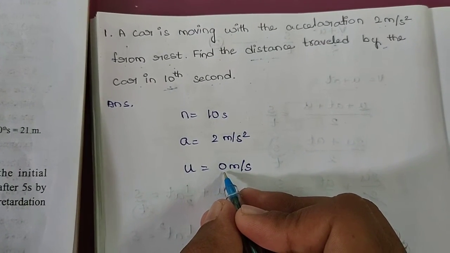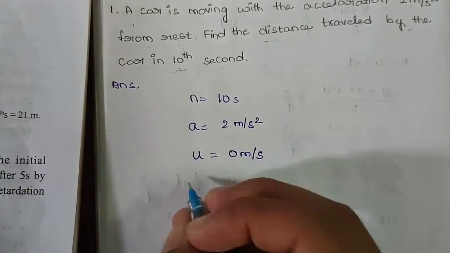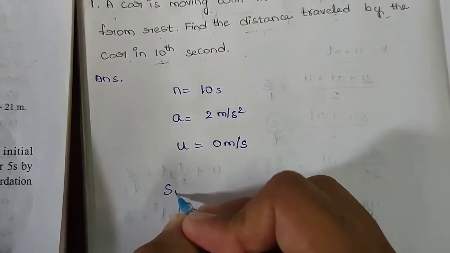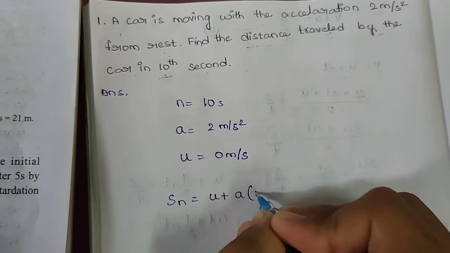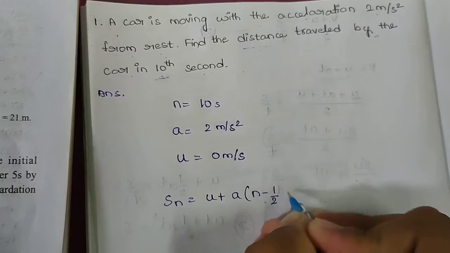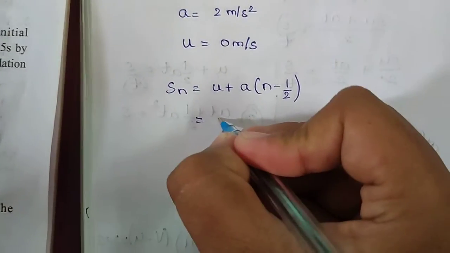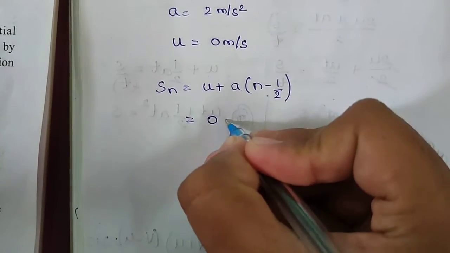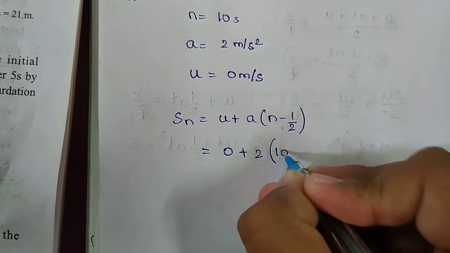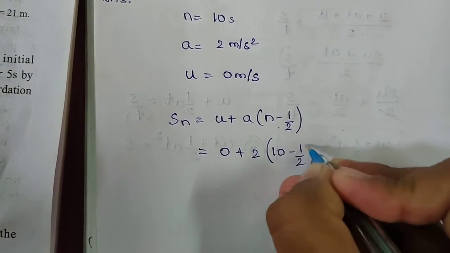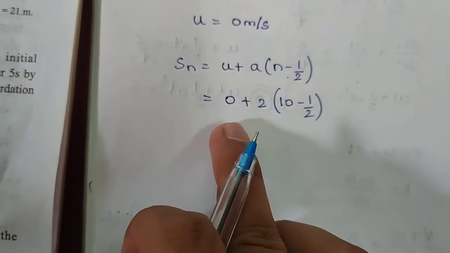Now the formula is Sn is equal to u plus a into n minus half. This is my formula. So now we have u as 0, acceleration as 2, and nth second as 10 minus half. This is how I am placing the values.